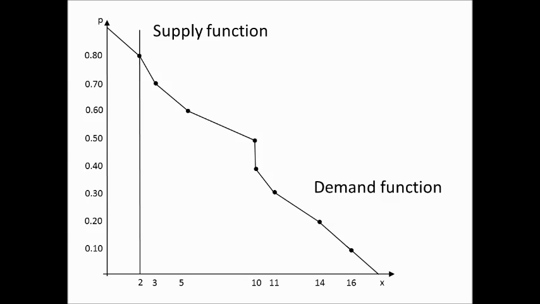Okay, now in this picture there is a special point, namely we see that there is a point here where demand and supply intersect. So exactly at the price of 80, the demand function and the supply function intersect.